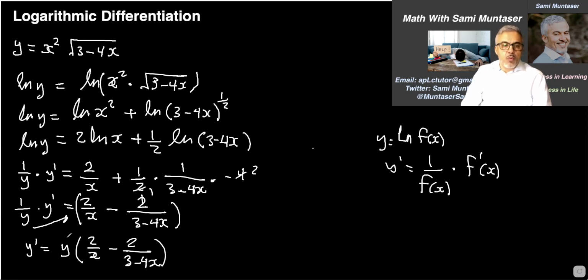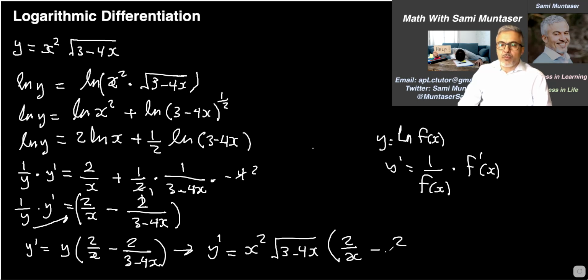And as we know, y is x squared root 3 minus 4x, all of that multiplied into the 2 over x minus 2 over 3 minus 4x. Of course, you could multiply this right in here, but we always like to leave it in factored form, so leaving it in this form is better. So this is your final answer for this one.